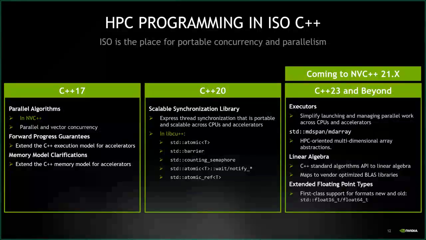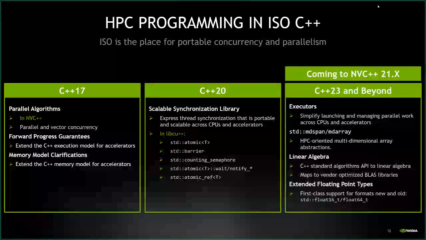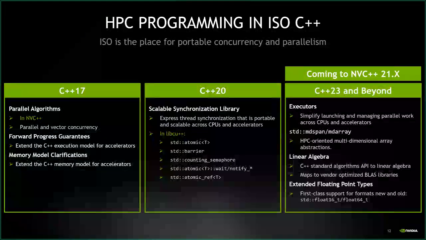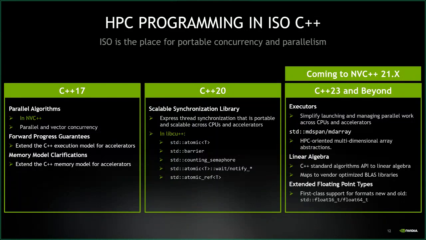And then in C++23, of course, I can't stamp any of these as being in C++23. Those decisions have not been made yet, and I don't make them unilaterally by any means. It's a committee that we work with to try to define what's in the standard. But I can tell you that these things will all come to NVC++, our compiler, as preview features this year in 2021.